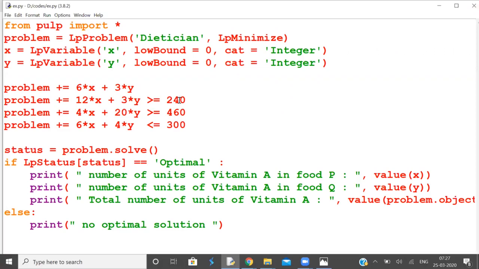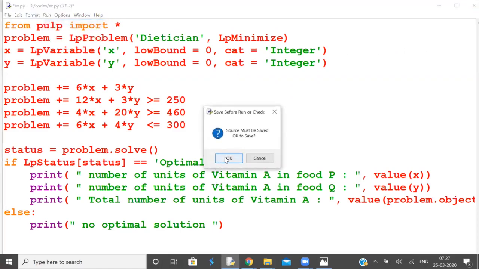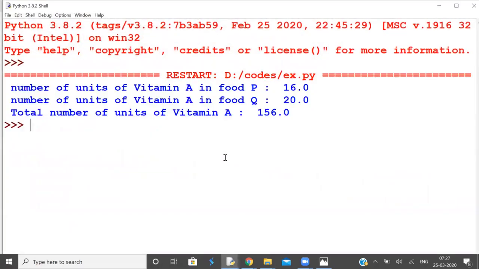Doctor suggested that calcium intake should be increased by 10. How does it affect the final solution? No change in food Q, but food P changed by 1 unit. So total vitamin A required is 156.